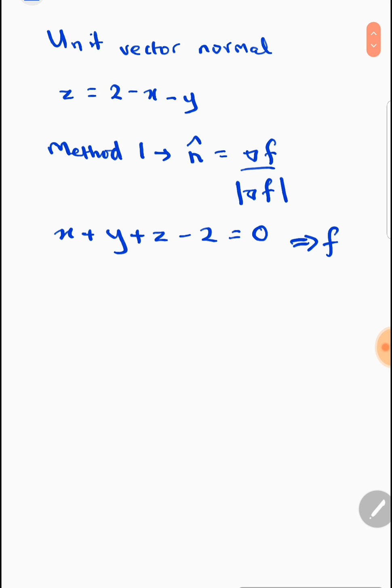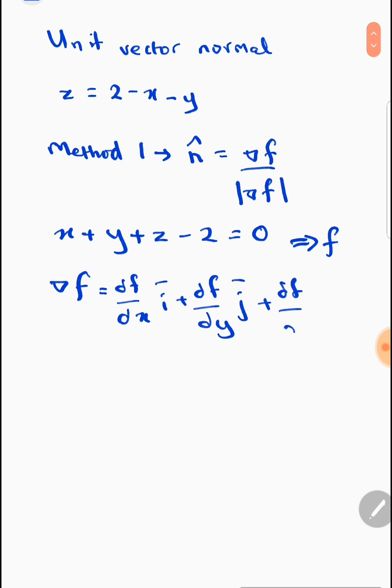Let's start with the gradient of my f. If you still recall, how do I get the gradient of f? It's df over dx i, the partial derivative, plus df over dy j plus df over dz k. If I do this directly, my df over dx, the partial derivative with respect to x, gives me 1.